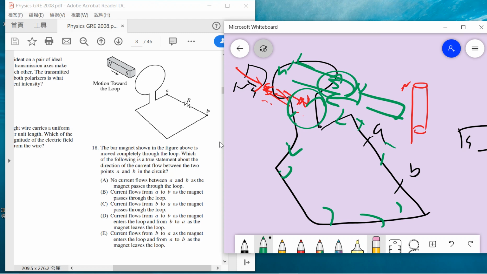So when the magnet wants to leave, the current will change direction. So we should choose E. In the beginning it is B from A, and in the other case A from B.